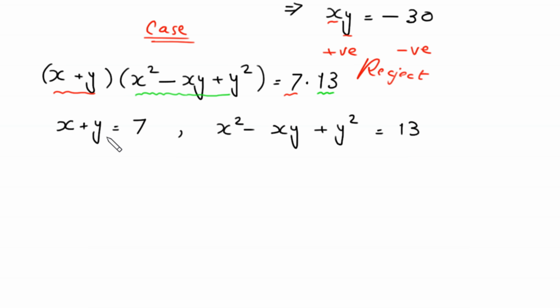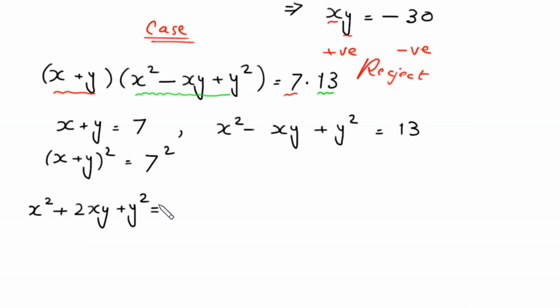Now from this equation we take square of both sides. (x plus y) whole squared is equal to 7 squared. Now this (x plus y) whole squared is equal to x squared plus 2xy plus y squared is equal to this 7 squared, which is 49.